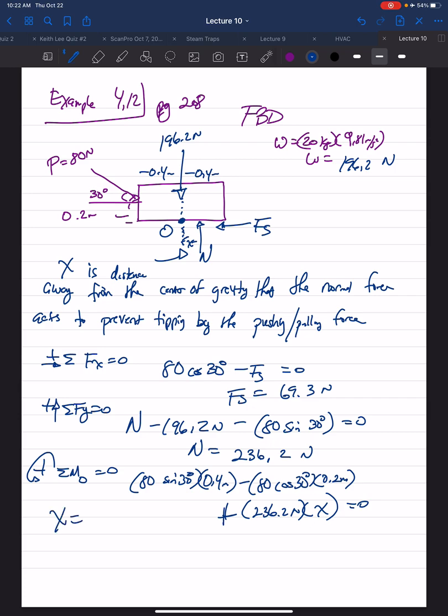Solve for x. 0.08 millimeters. That came out to be negative. So instead of the normal force operating to the right of the center line, it actually operates to the left of the center line. So we should have had it over here.